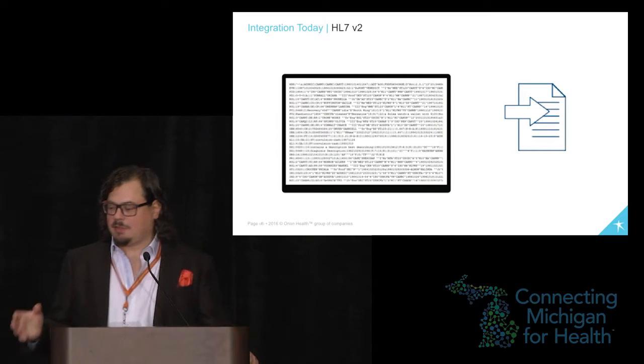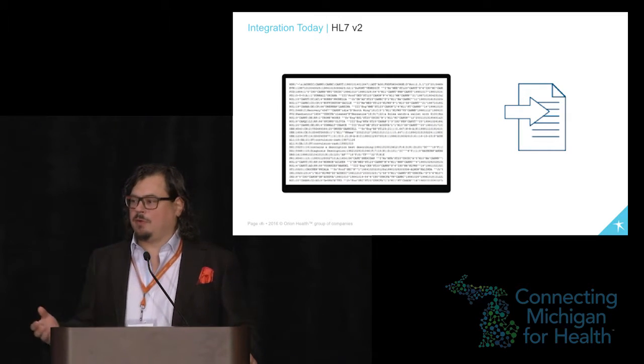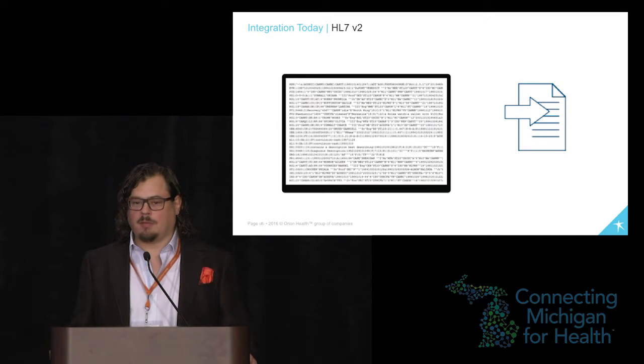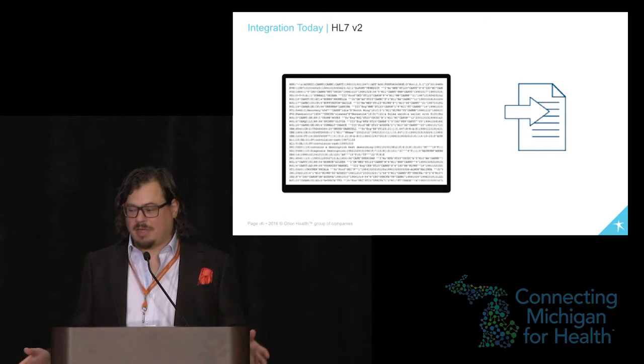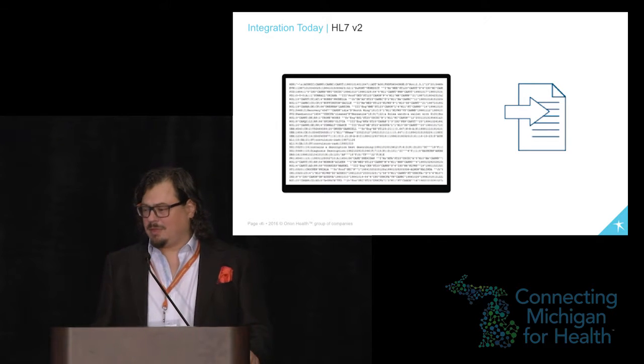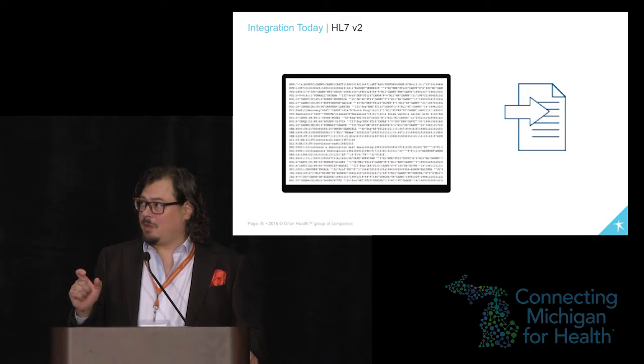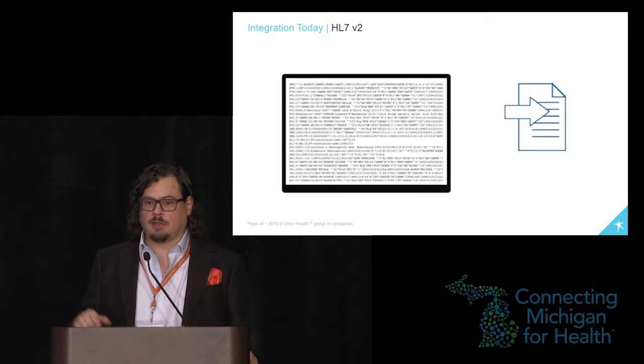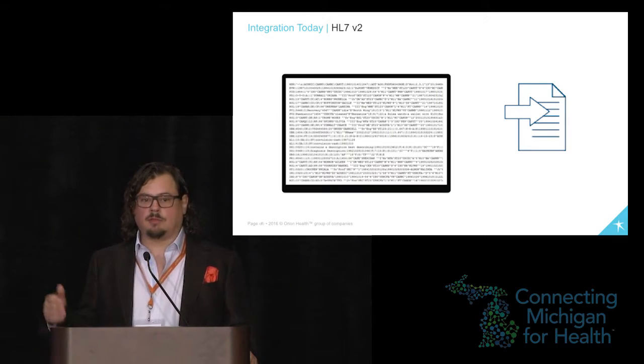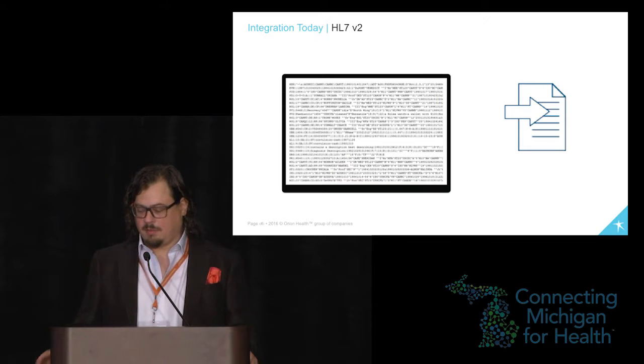And the messages themselves were event-driven, so it was just telling somebody about something that happened. It wasn't very easy to read, and it didn't transmit more than just that something happened. Somebody got admitted, somebody got discharged, a scheduling appointment was made.